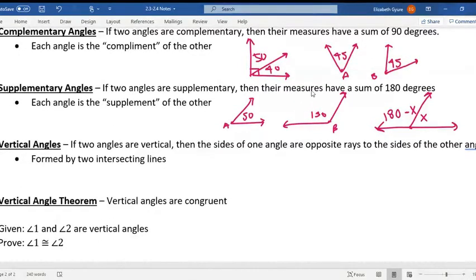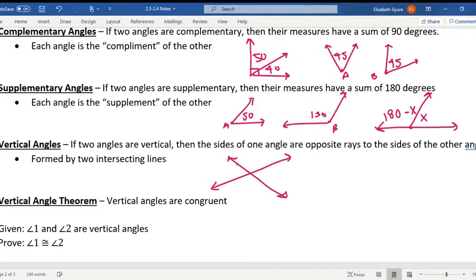Vertical angles. If two angles are vertical, then the sides of one angle are opposite rays to the sides of the other angle. So what that looks like is kind of just two intersecting lines. So when you look for vertical angles, you want to look for two intersecting lines, maybe something like this.